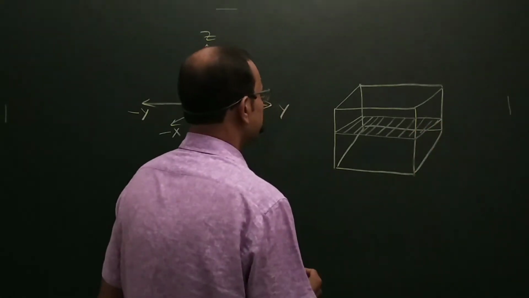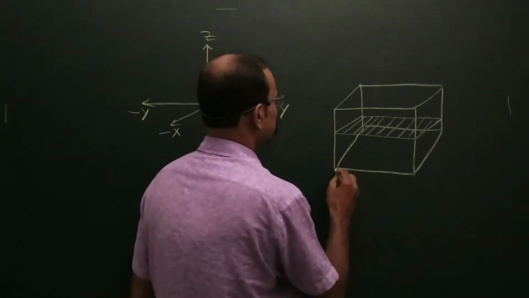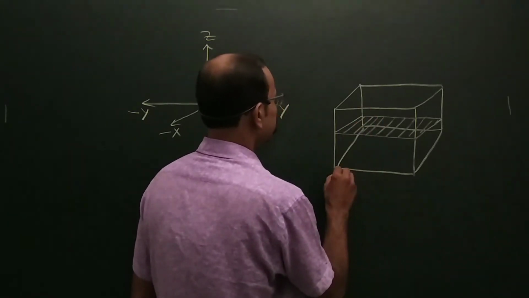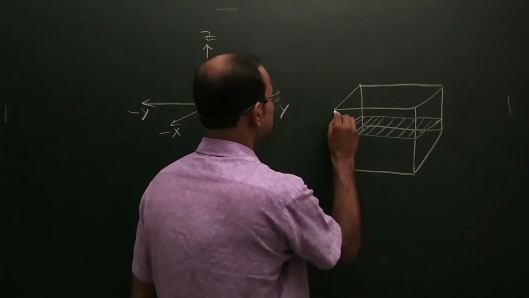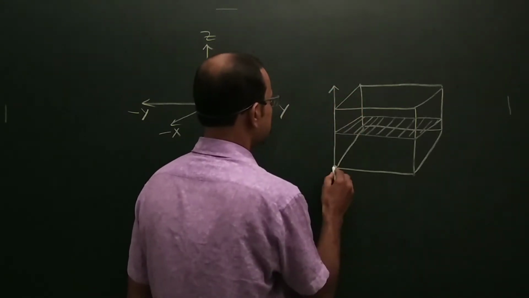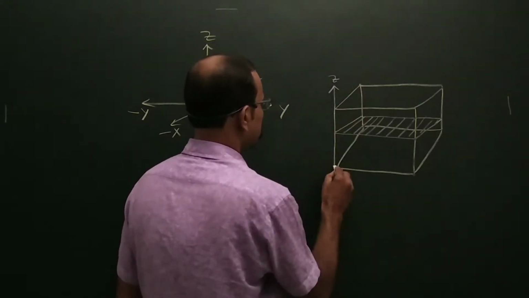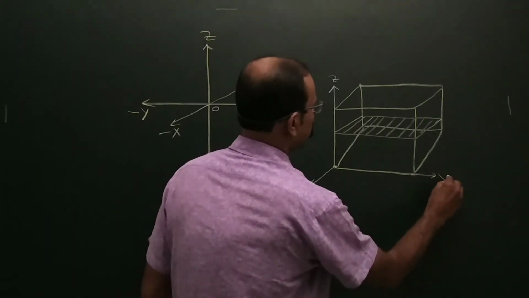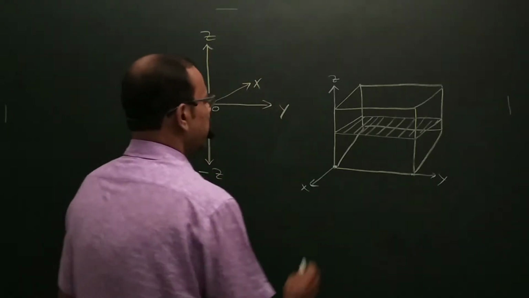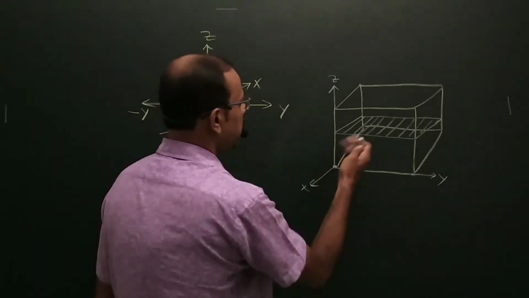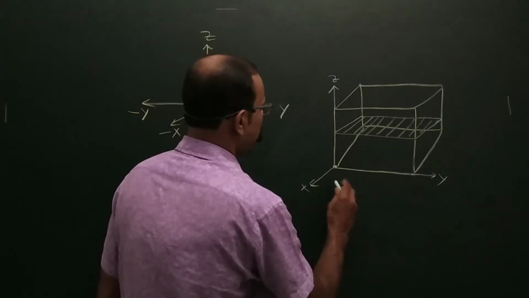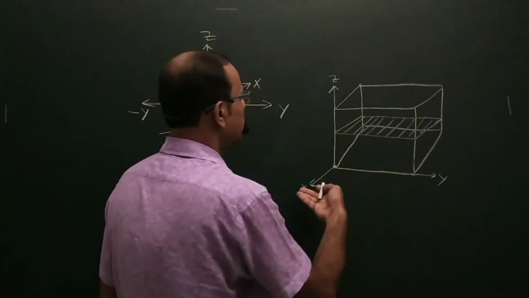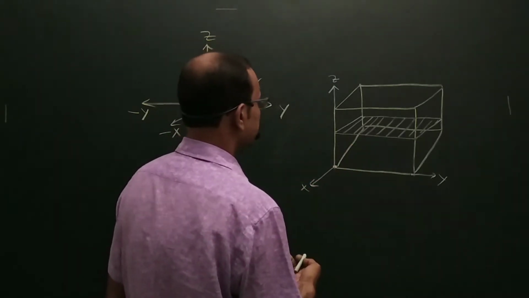I am taking the axes in this direction. So this is the x-axis, this is the y-axis, and this is the z-axis. So it is obvious that the plane is parallel to the y-axis and also parallel to the x-axis.